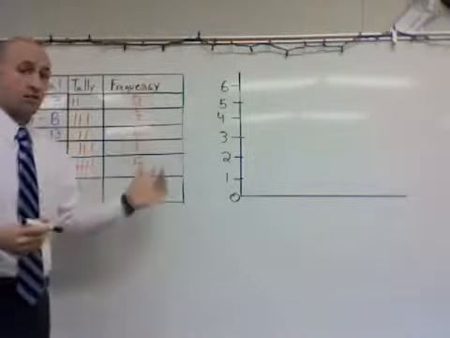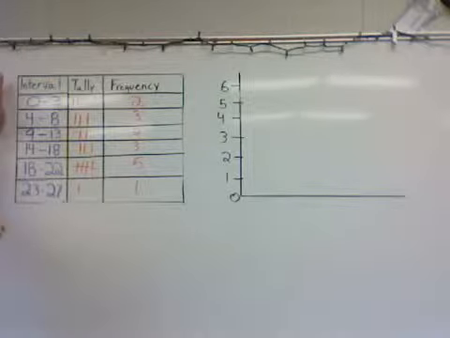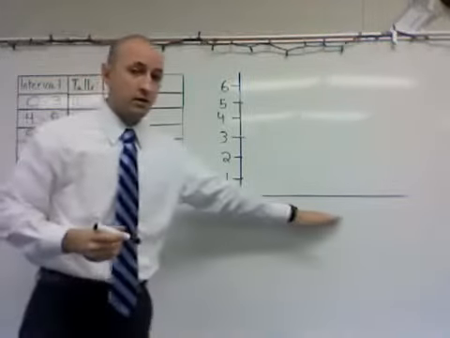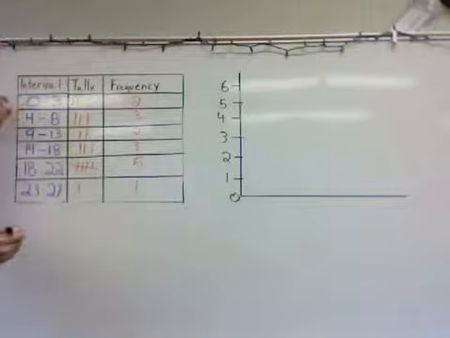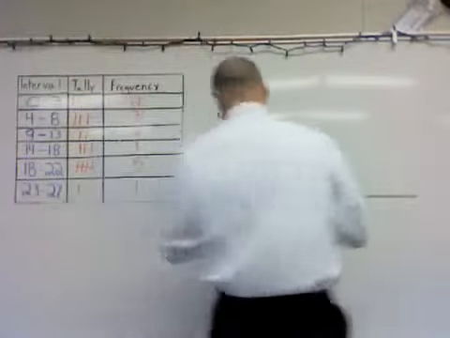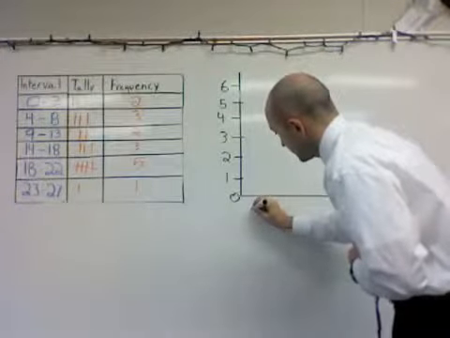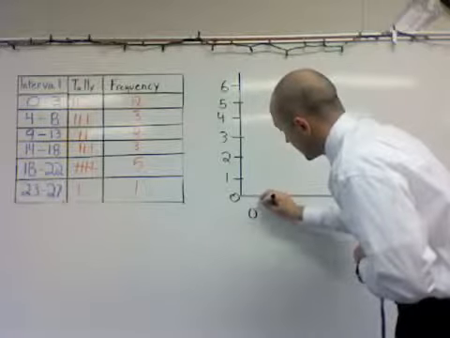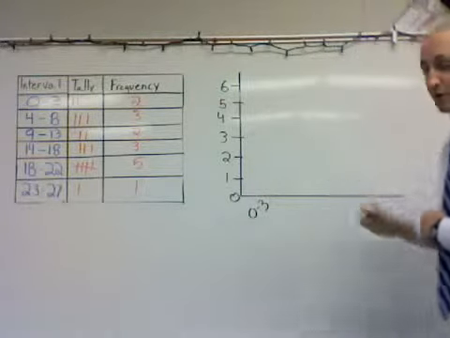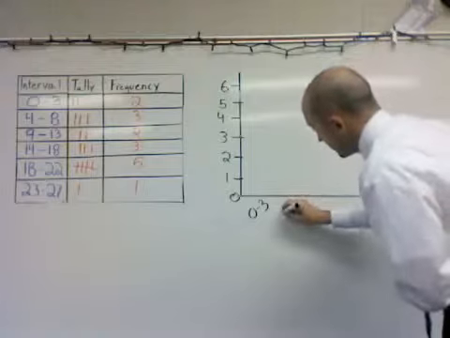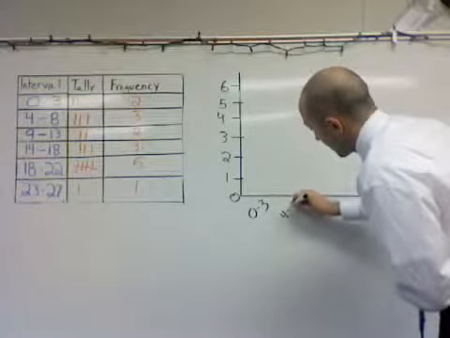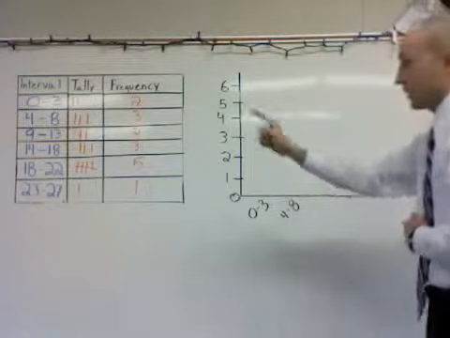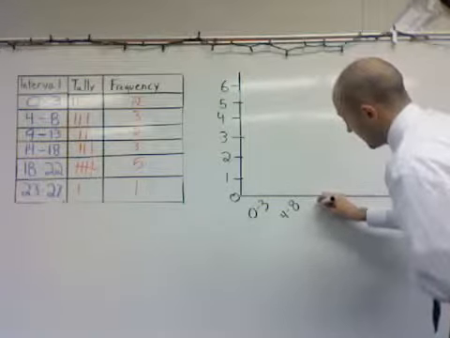So now that we've taken care of the frequency side, we want to put our intervals down here at the bottom. So we'll start off with our 0 to 3, and I'm going to put this here kind of at a side angle. Remember, our next interval was 4 to 8. After that, we went 9 to 13.